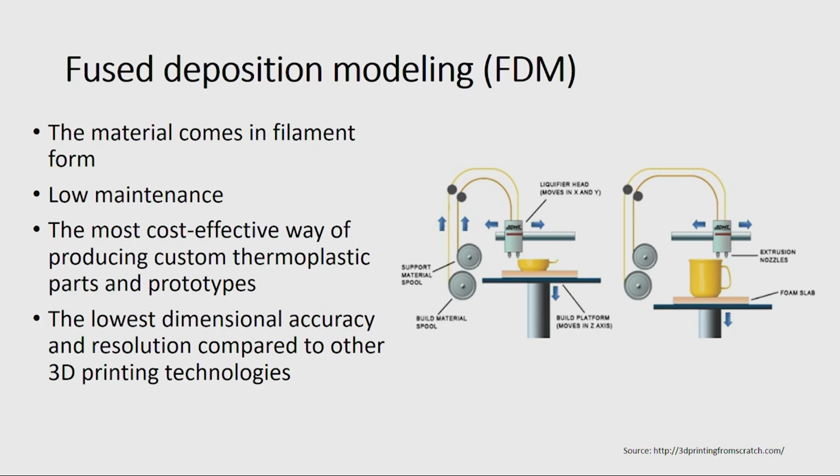Here you can see a build material spool. The spool is where the 3D printer filament is stored, and next you can see a support material spool. While making a 3D printable object, the 3D printer may require some support.